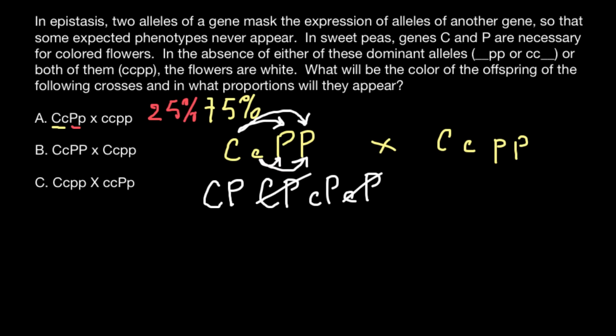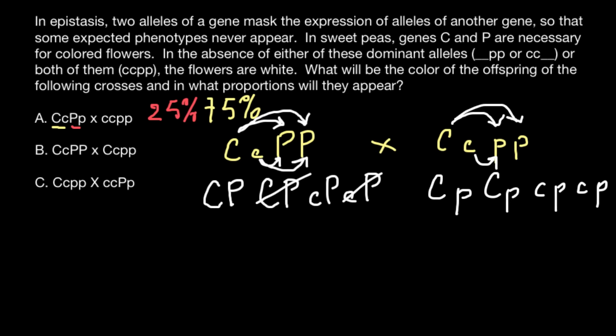Here we see the first one would be capital C and small p, and once again capital C and small p, and small c, small p, and small c, small p. Once again, we only have two types of genotypes here, capital C and small p, and small c, small p. One half for one type of genotype, and one half for the second.